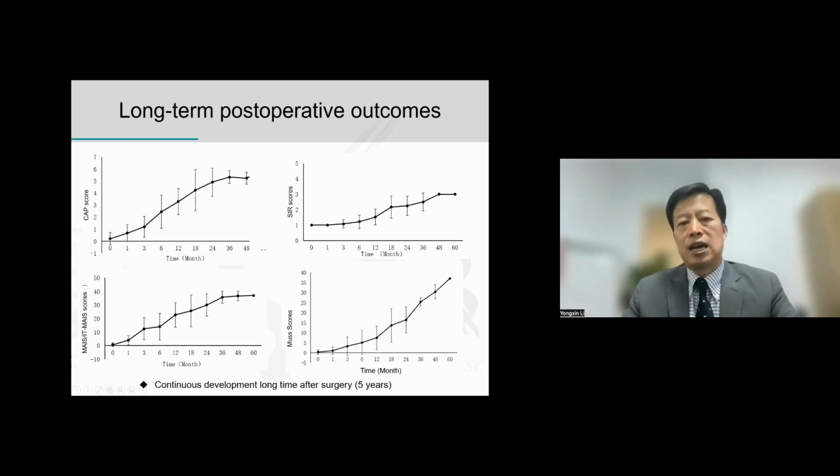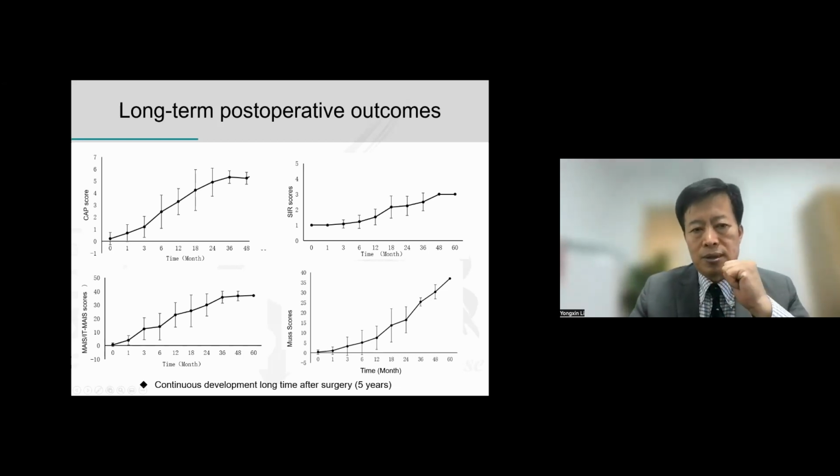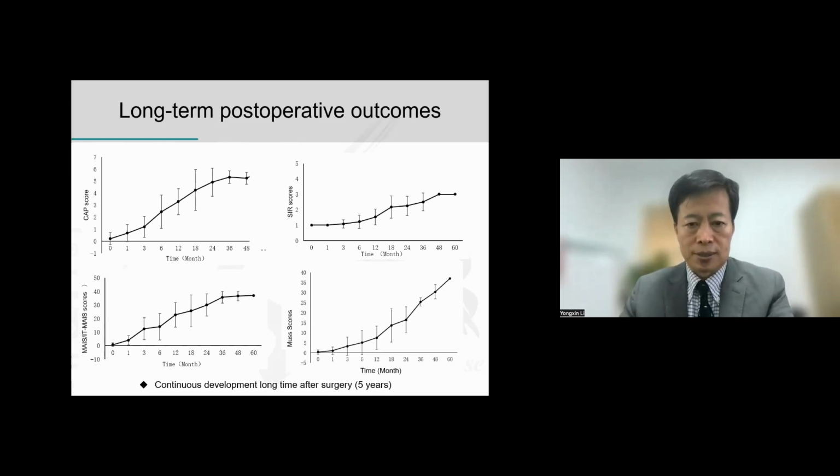So for this kind of case, the progress is not so quick. It means they need a long time to get high scores compared with the normal cochlear structure groups.